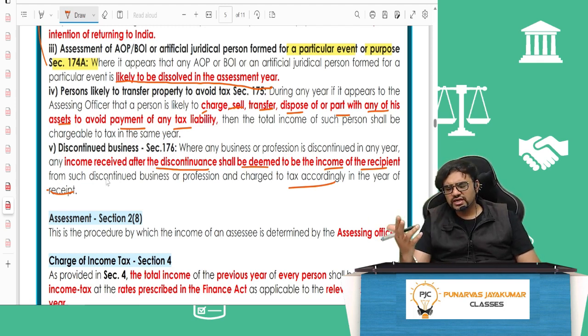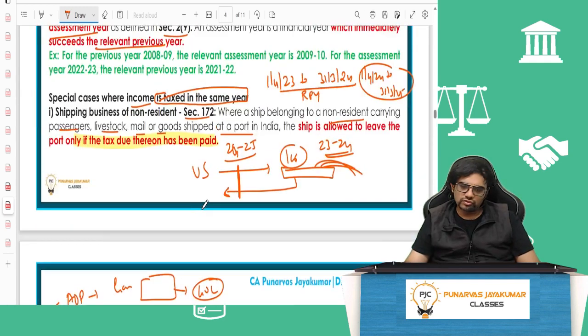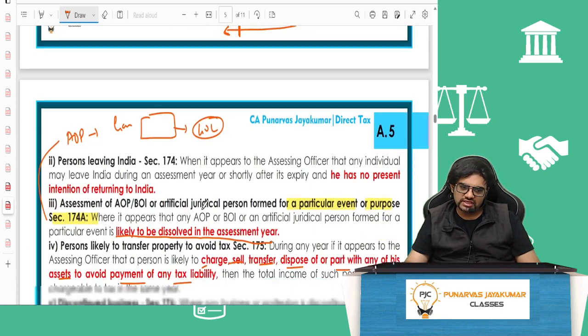Let's say you have not paid the fee, I stop teaching, and next year I am going into employment, assume. Next year you come and say, sir, last year I did not pay, please take it. That will be the income of the year in which I receive. It's not assessment and all. Whenever I receive it, I have to pay tax. These are some of the exceptions to the general rule, where income is taxed in the same year.